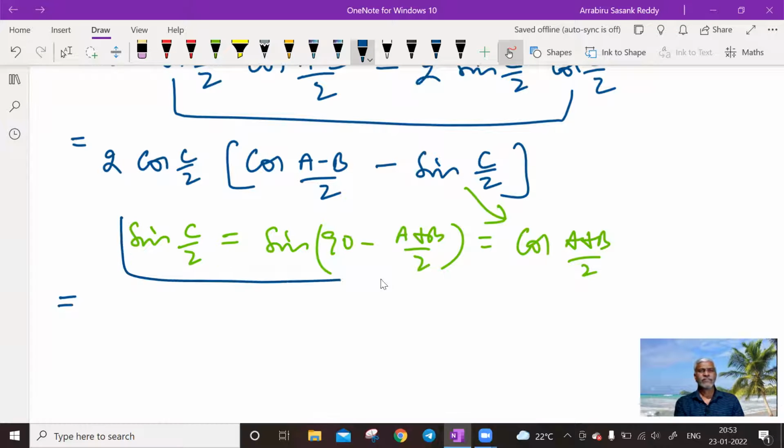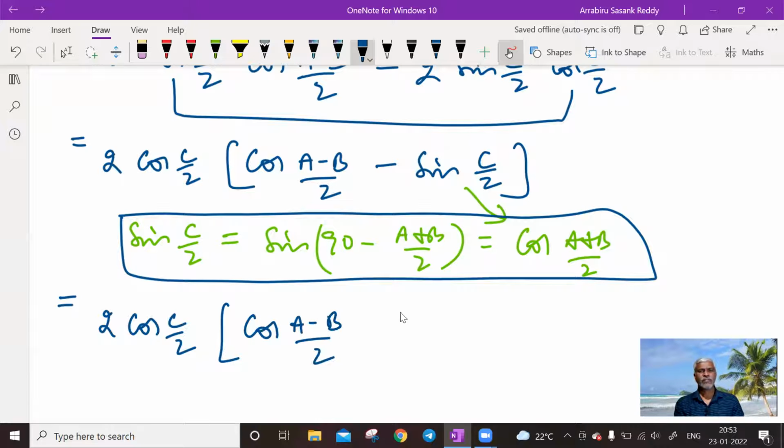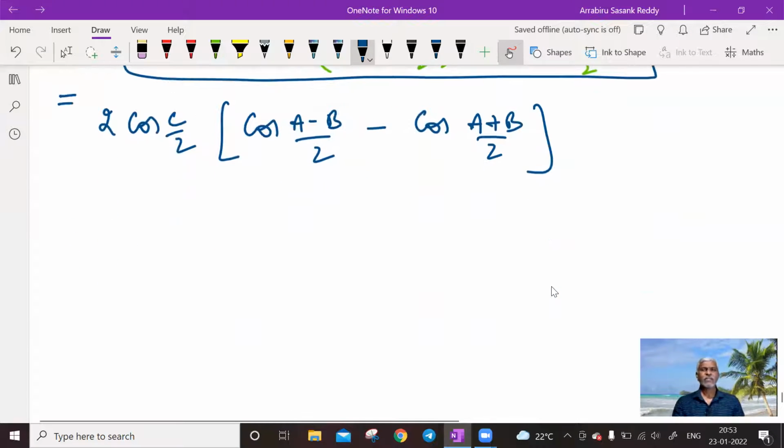So this is 2 cos c by 2 into cos a minus b by 2 minus cos a plus b by 2. This is in the form of cos a minus b minus cos a plus b, which is 2 sin a sin b.